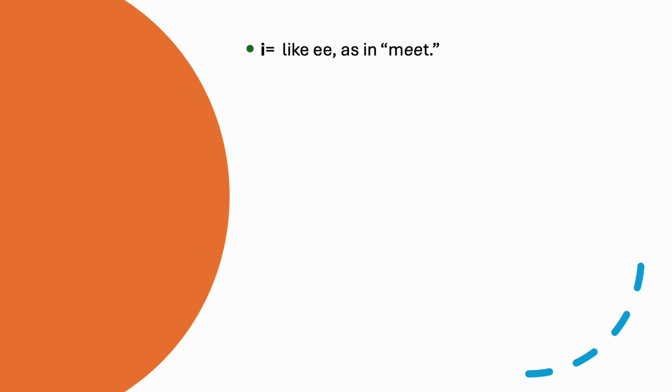I is like E as in meat. Exemple, illusion. Illusion. Remember, I, if it's an E sound, then you have L. Il. Then U, you're going to learn, is an U sound. S makes a Z sound before the I. On.